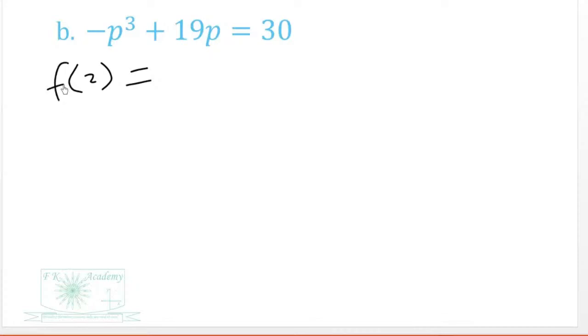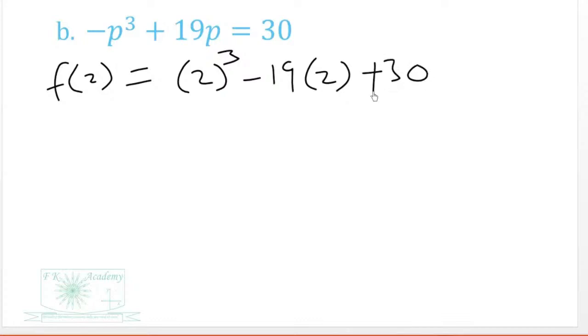2 cubed minus 19 into bracket 2 plus 30. So this will give us 8 minus 38 plus 30.